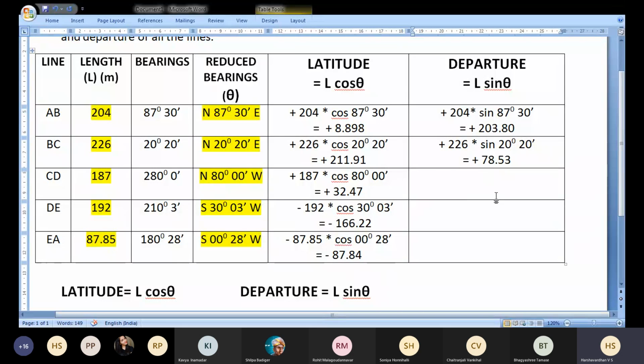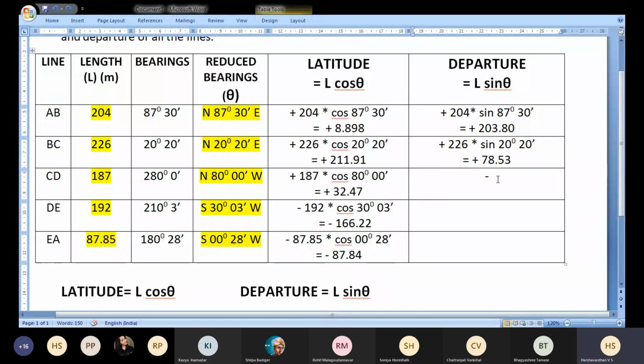Okay, next line is CD. For CD, its reduced bearing is northwest, so the line is westwards. If it is westwards, departure will be negative.